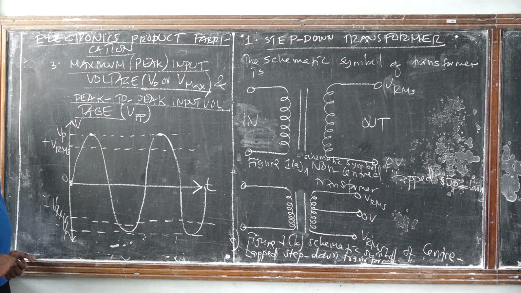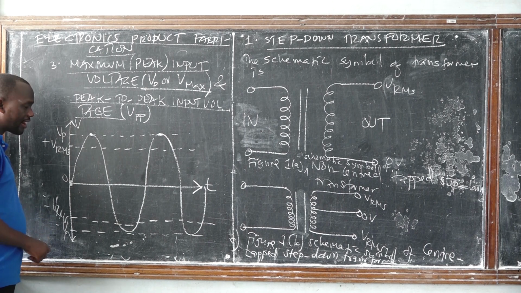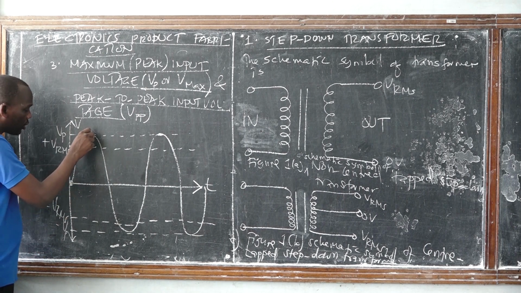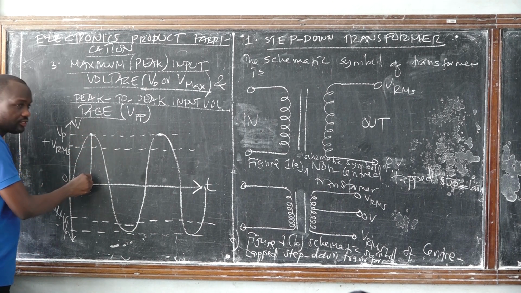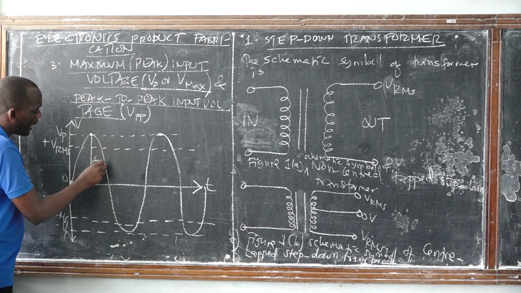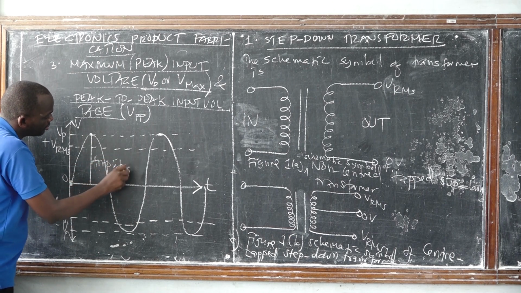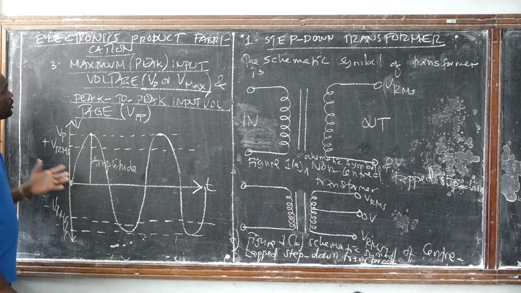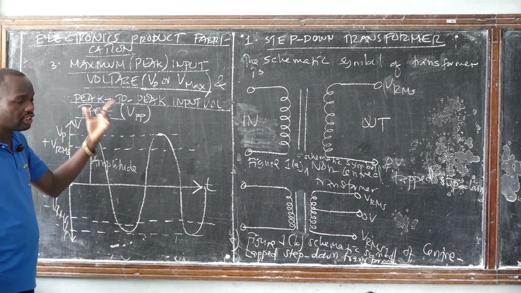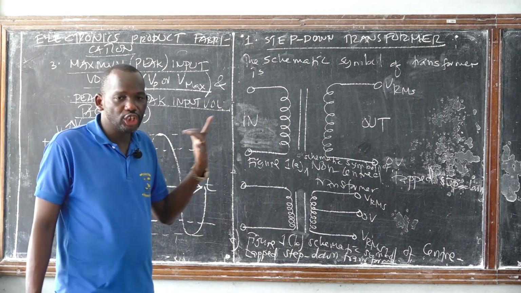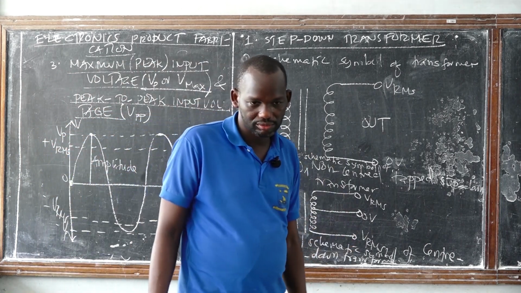If this is the graph, remember also that from 0 to peak we also call the wave amplitude. So we might call it maximum, peak or amplitude input voltage.